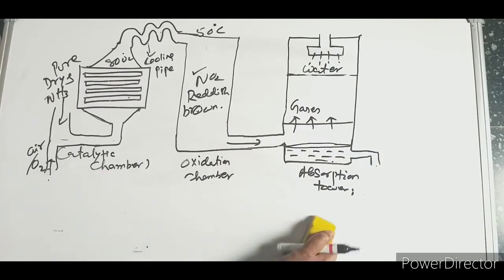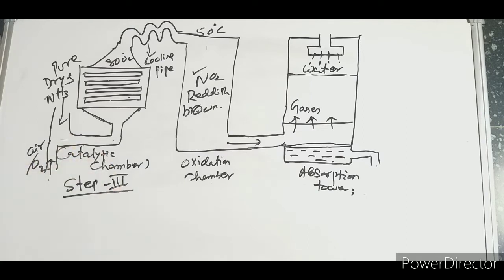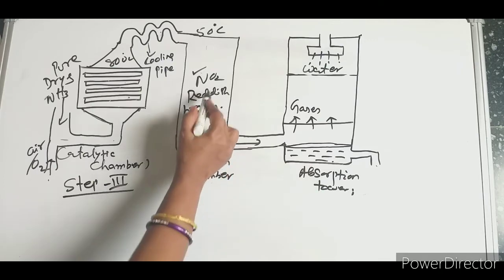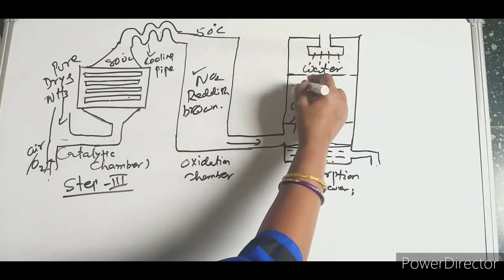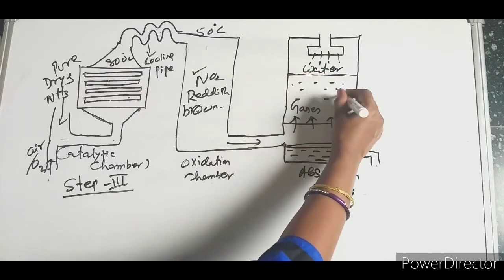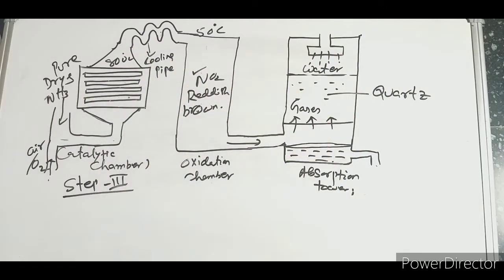Then third will be the absorption tower. The name itself, absorption tower, we have already discussed. So this one will be step 3. First of all, let us discuss the equation, after that we will go for it. The reddish brown NO2 gases go here. Water is sprinkled, and this one is filled with quartz. Now let me write the equation.